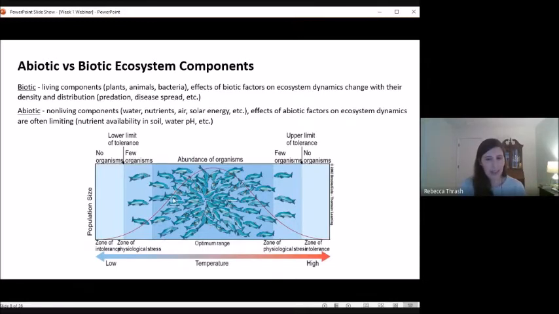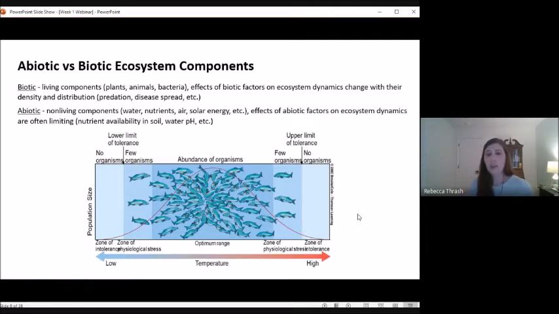And then you've got these areas outside, getting cooler here, getting warmer there, where the organism can still live and maybe be okay, but it's not optimum. And then outside of that zone, you have intolerance. So this is the lowest temperature that organisms of this species can be found.